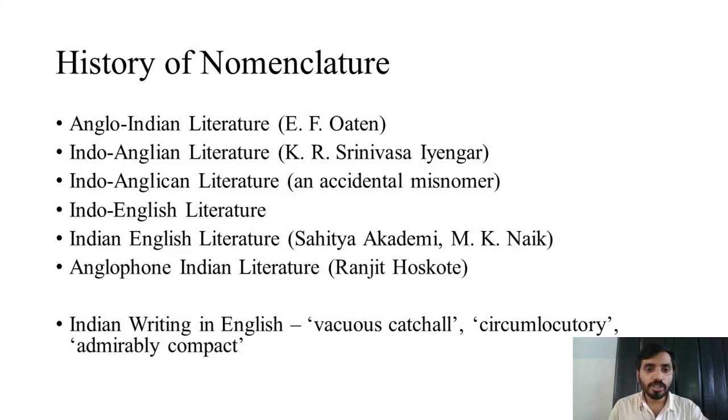It has the connotation of a relationship between a country, that is India, and the language, which is English. Anglophone, that is inclined towards the English language. So Anglophone Indian literature is his preferred term.